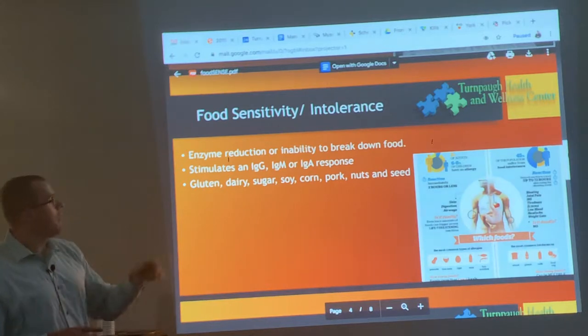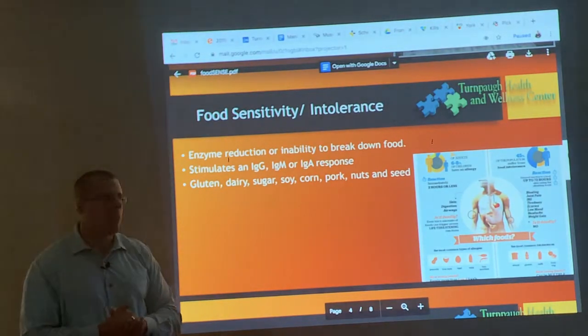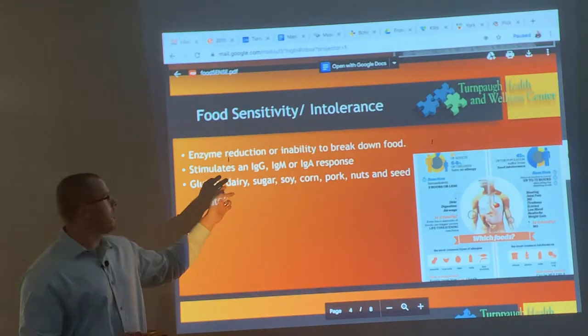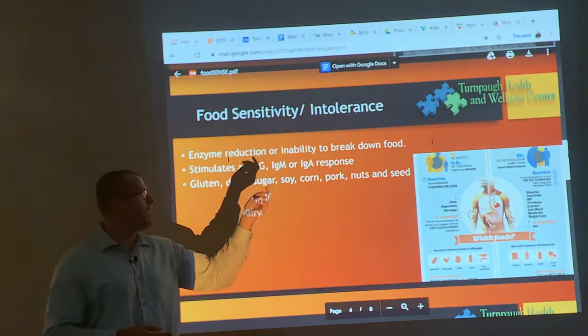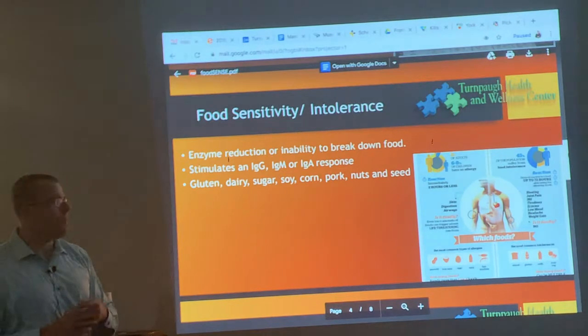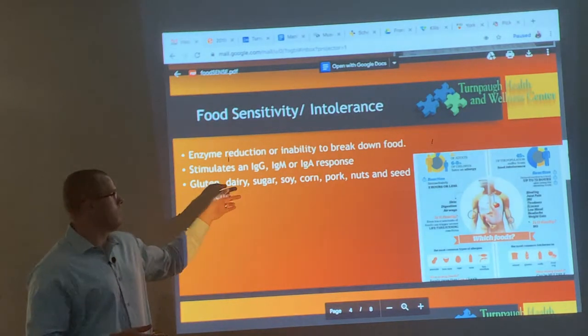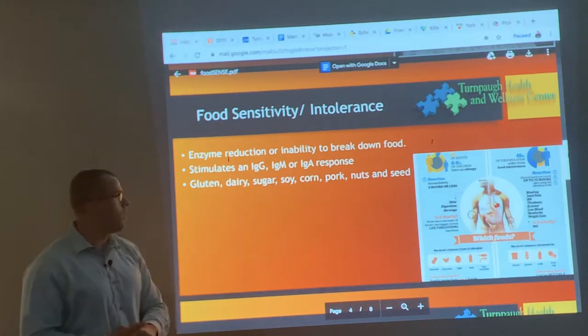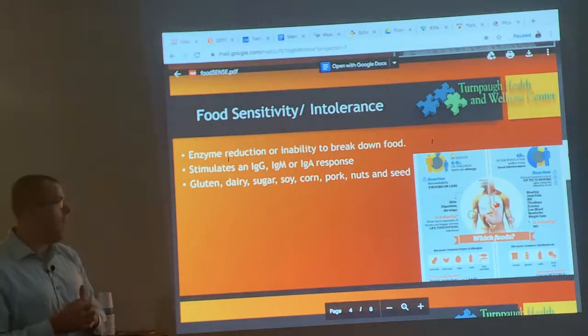Okay? And what we typically see is gluten, dairy, sugar, soy, corn, pork, and various nuts and seeds. The list can go a little bit longer than that, but the big culprits here: gluten, dairy, sugar, soy. Those are the big culprits.